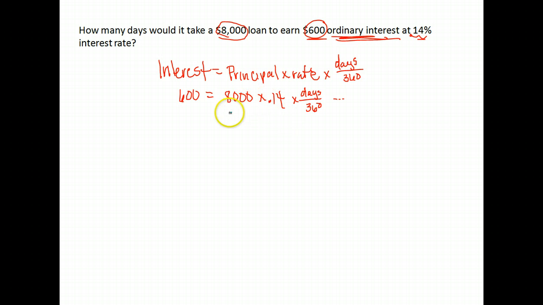All right, so what do we have here? Let's go ahead and simplify this. 8,000 times 0.14 is 1,120.